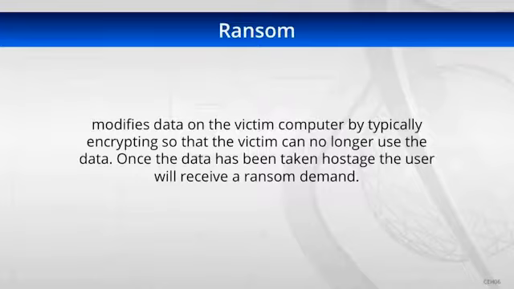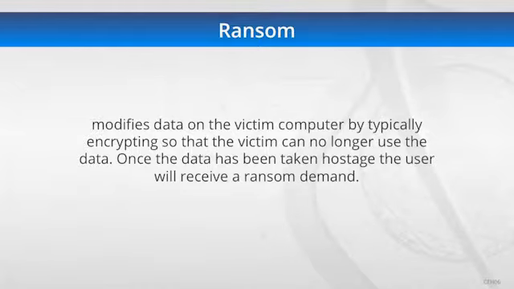Ransom. Now today what we do typically with ransom is we connect to a machine, we encrypt somebody's files, and then we say to them, if you don't pay us money, we won't send you the key. And the reality is that the key never gets sent. So your files are encrypted and you can never get them back. The only thing that can help you in a ransom case is actually a good backup of your files.